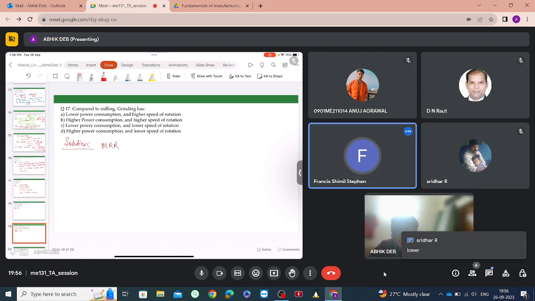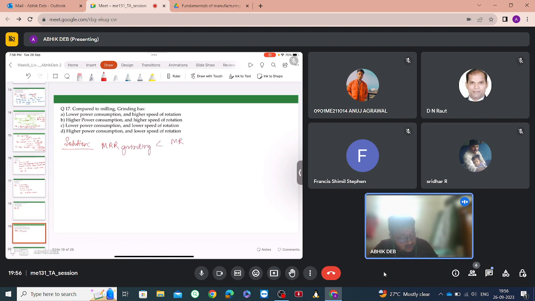Yeah, so material removal in grinding is lower. If you observe a milling operation, you can see the chips very easily. But in grinding, you will see the chips as dust particles, very fine grains coming out. That is how small the material removal in grinding is.